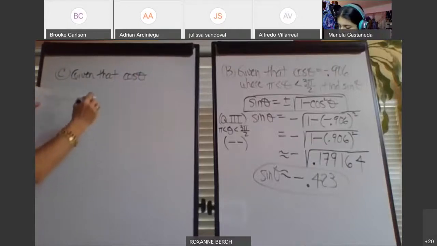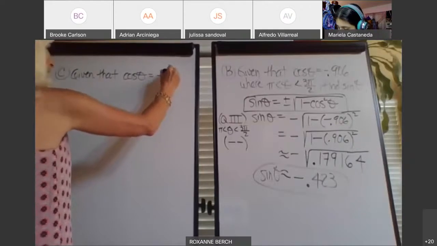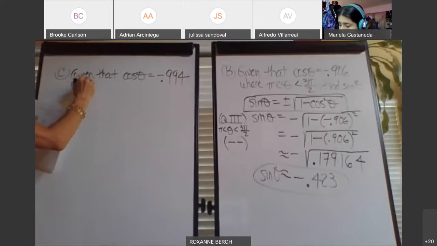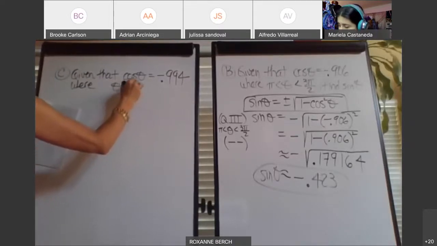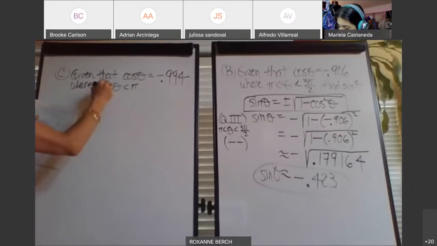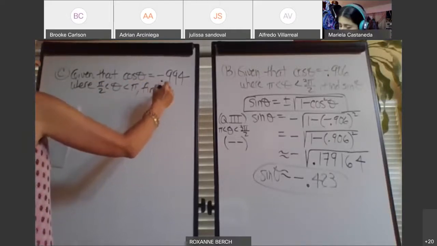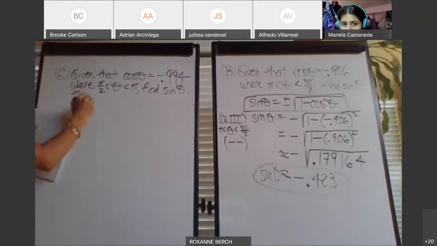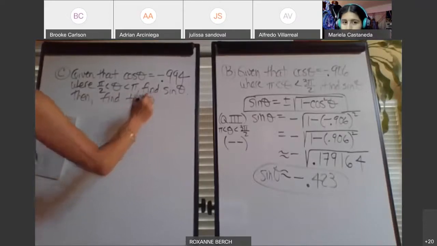Okay, this one, they're saying, given that cosine is negative 0.994, where the angle is less than pi and greater than pi over 2, find sine of theta first, then find tangent of theta.